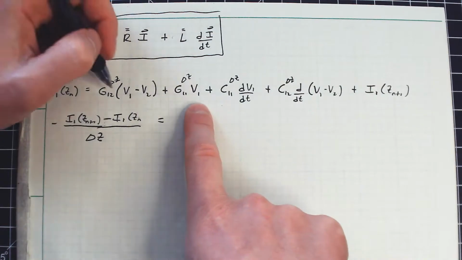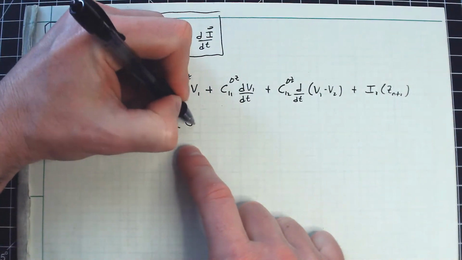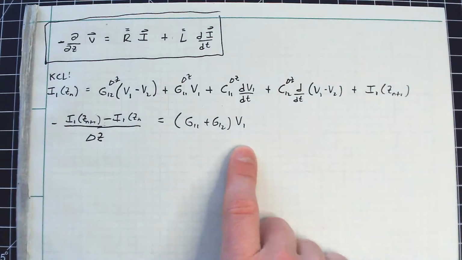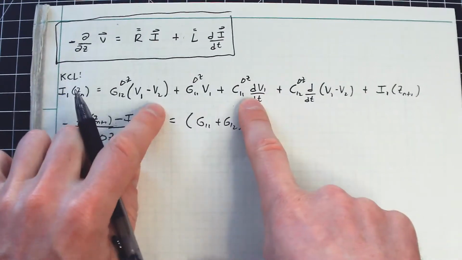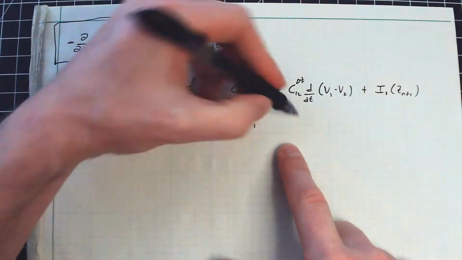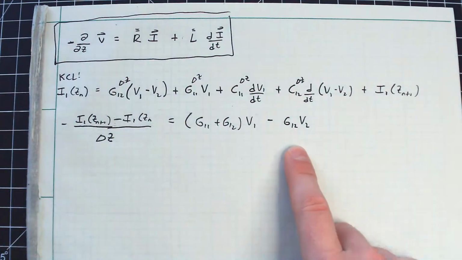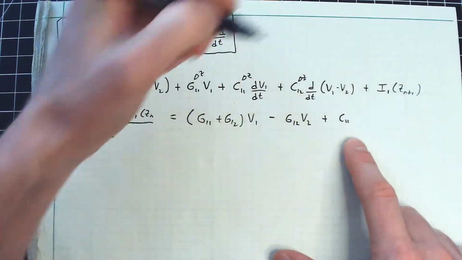So you got to be a little careful now. So we're going to rearrange my terms a bit. So I'm going to get G11 plus G12 times V1. Okay, and then you see these terms come together. And then we can get another something over here, minus G12 V2. And then I'm going to get plus C11.